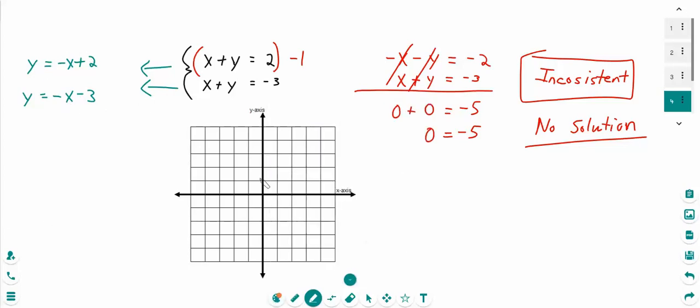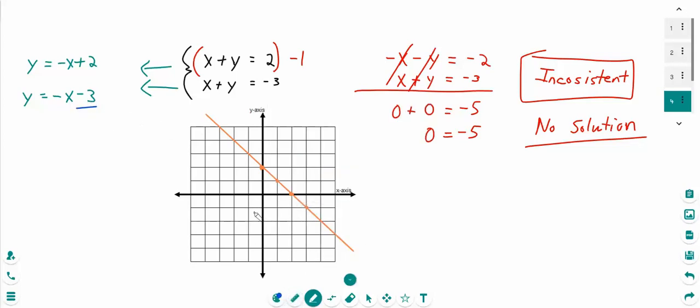So, the first one, the y-intercept is +2. And then we have a negative slope of 1 over 1. So it's going down 1 over 1, down 1 over 1 in the negative direction. All right, so that is the slope. That would be our line. Now the next one, we have -3 for our y-intercept.